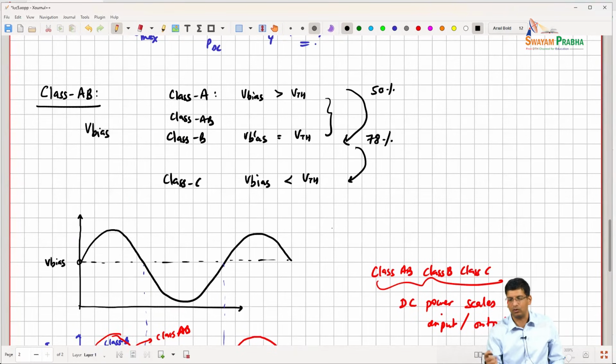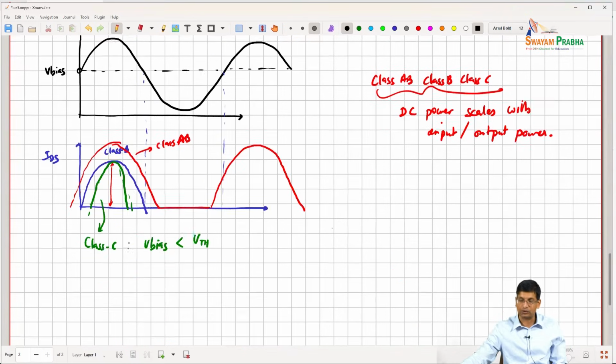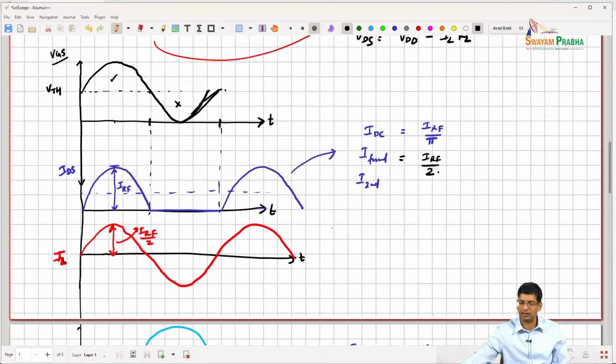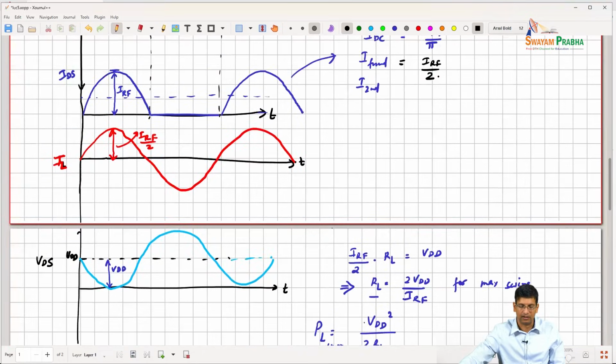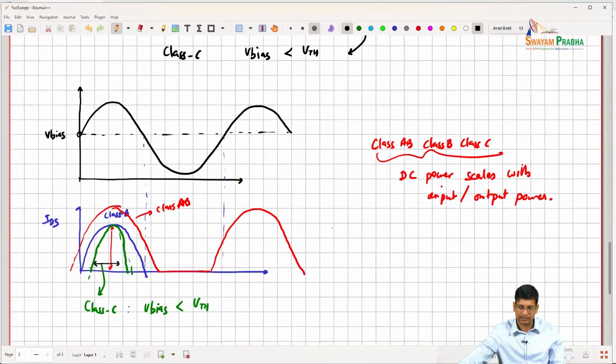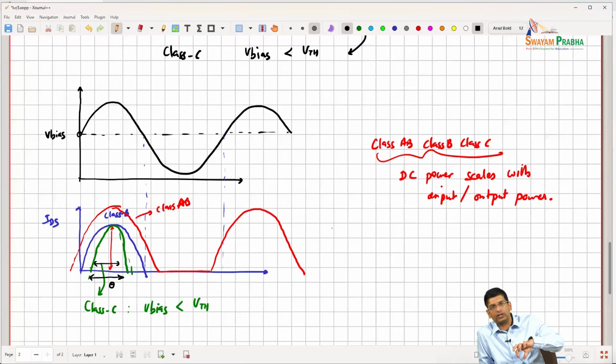So class C lets you get even higher efficiency, but you can also see that it has more harmonic components. So the job of this filter becomes more and more important as you reduce what we call the conduction angle. We call the part of the cycle that it is on for the conduction angle.